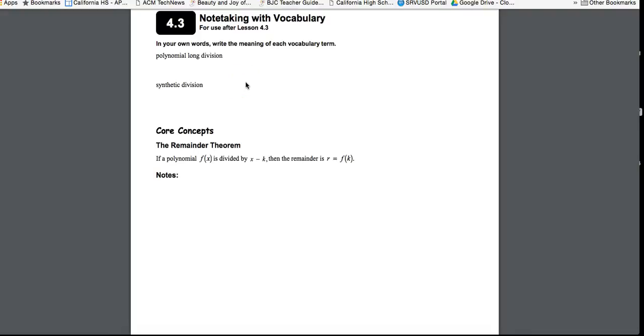Now, when I first say divide polynomials, a lot of people don't even think that's possible. So what I mean by dividing polynomials is if you take a polynomial like this. So for example, let's say 2x squared plus 9x minus 18.